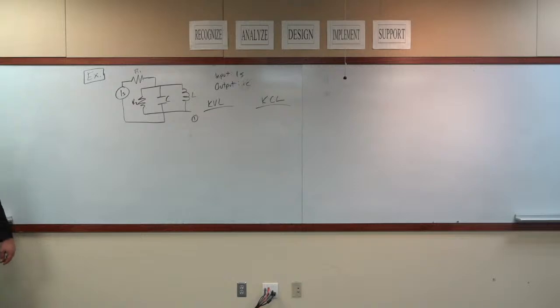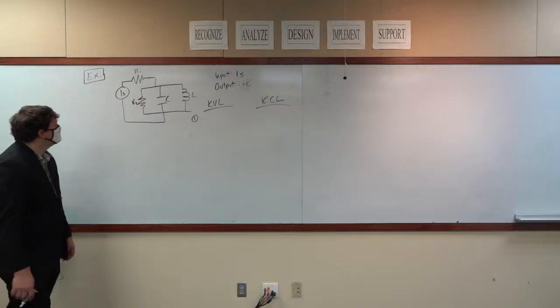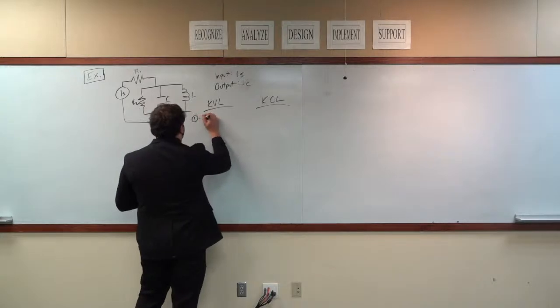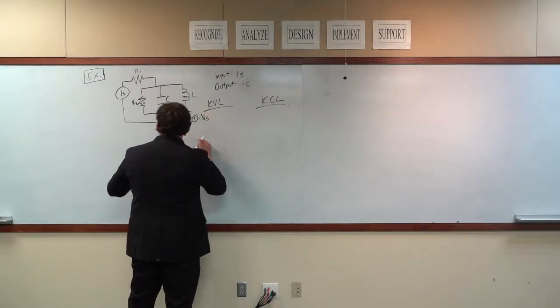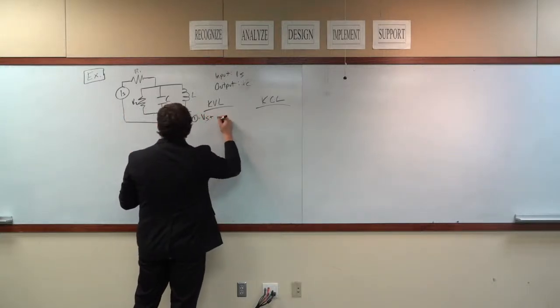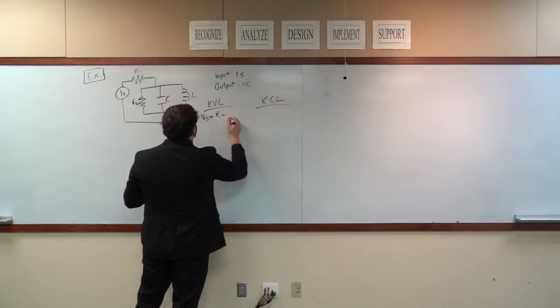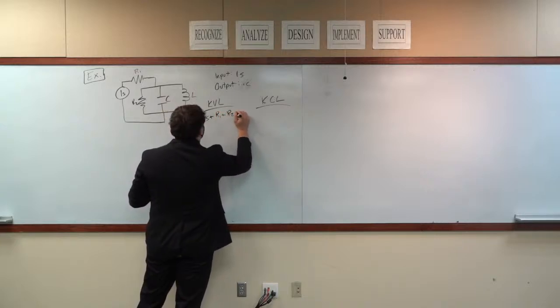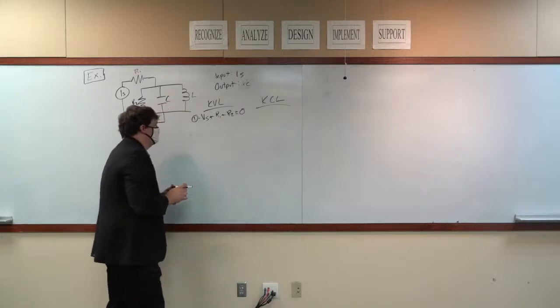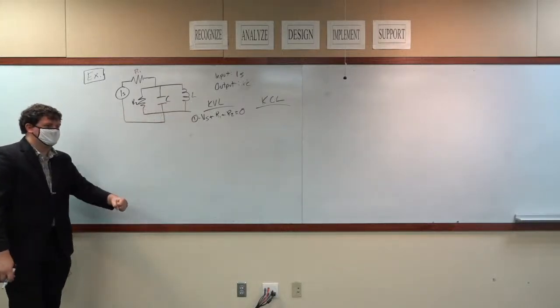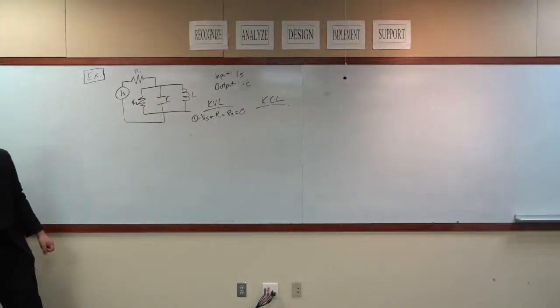We got to pick a loop. Well, what should our first KVL equation be? So we got negative Vs, which is the voltage across the source, plus R1 plus R2 is equal to 0. Okay, good job. What's our second loop equation?